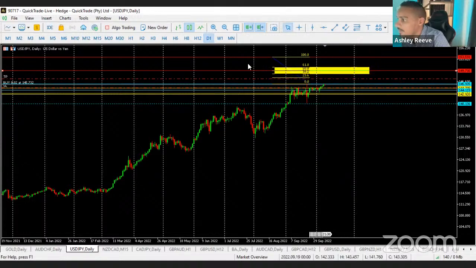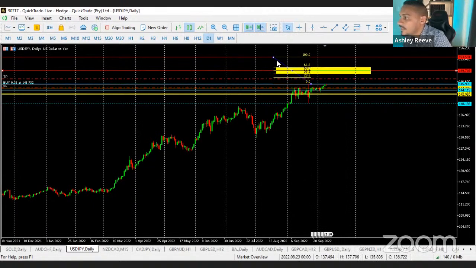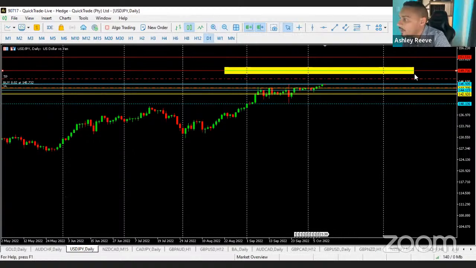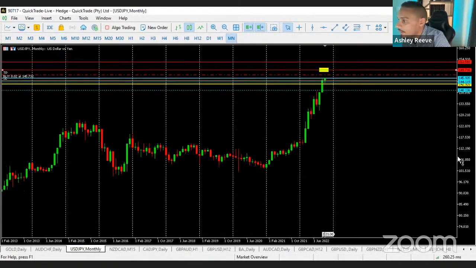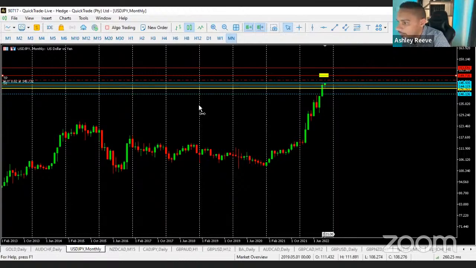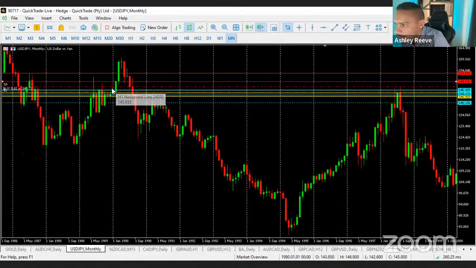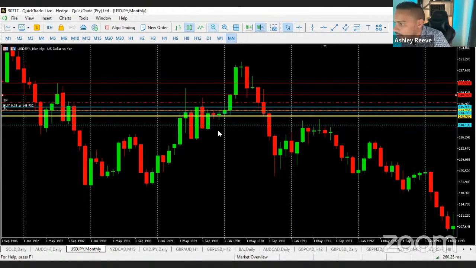Okay, I'm missing a level here. You know how I know? Because our TP was at that zone there. So I'm missing a level here on the top. Can you see that, guys? Let me just zoom in so you can see. That's the area there where we are actually TPing.